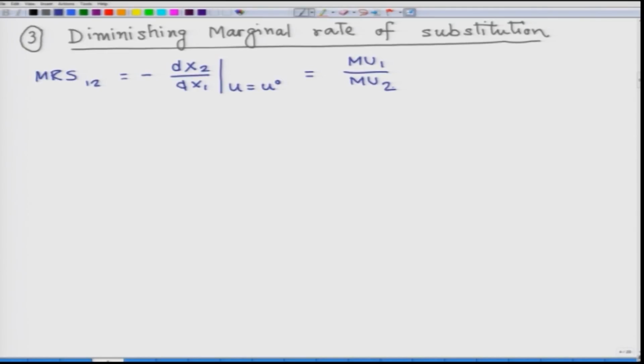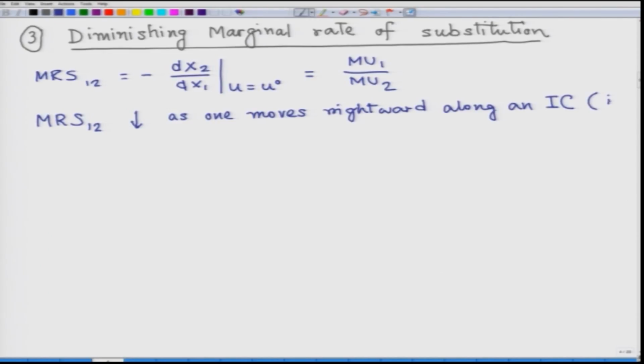Now, we say that MRS 1 2 declines as one moves rightward along an indifference curve.